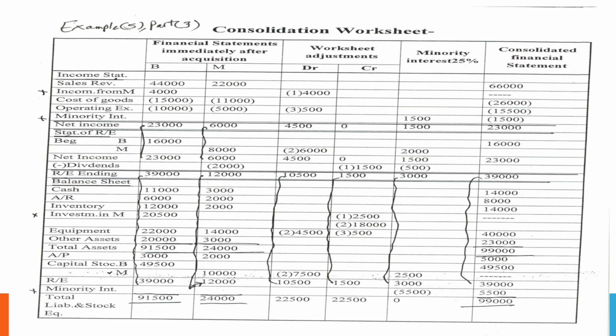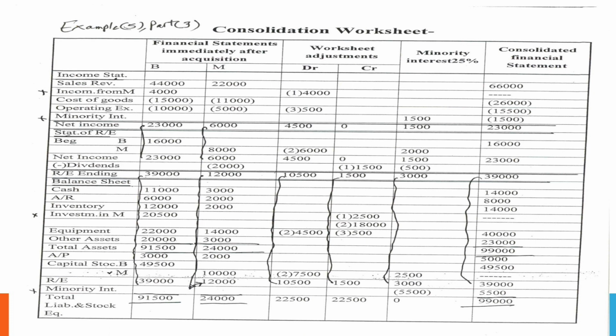Net income, 6,000, multiplied by 75%, gives you 4,500. Deduct the annual depreciation, 500, you know where we get the number from, and that's the answer. That's how I do this.